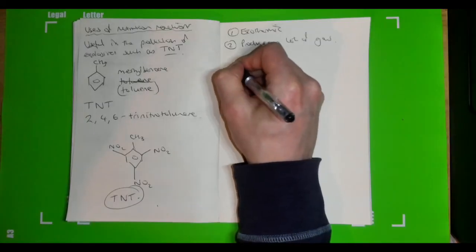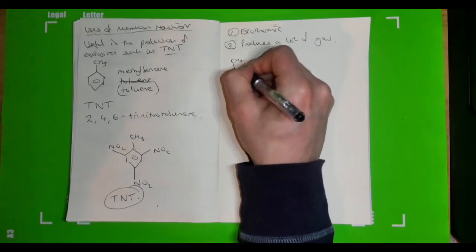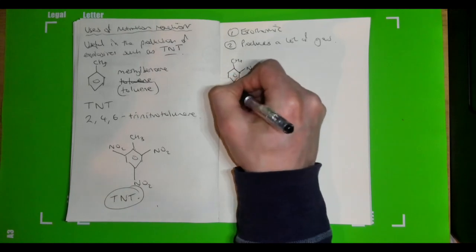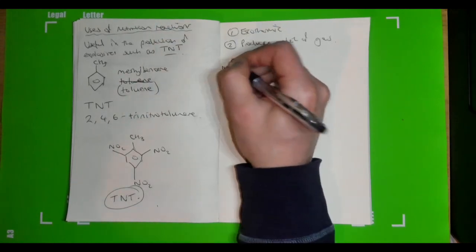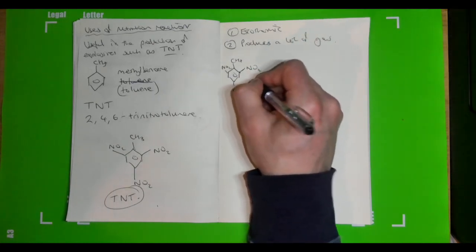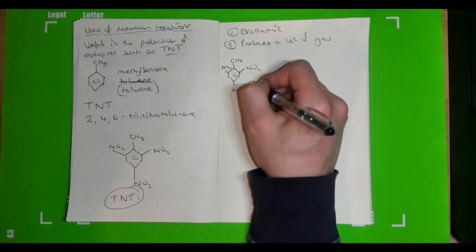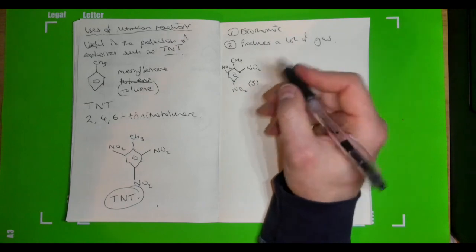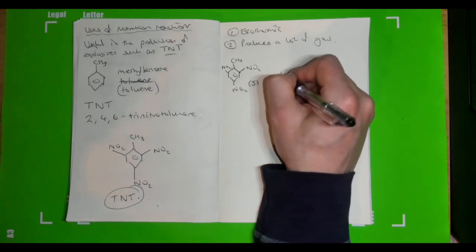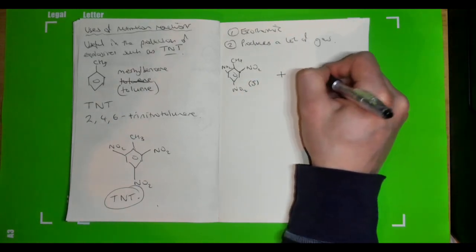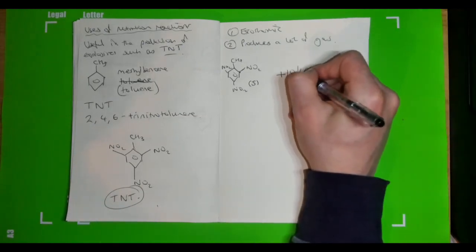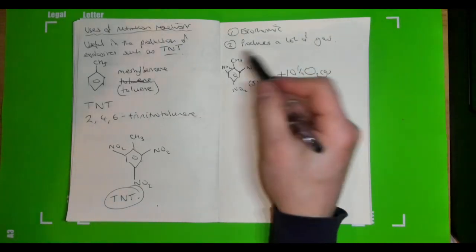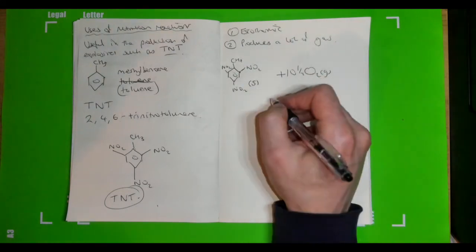So let's have a go at writing down the balanced symbol equation. So we have toluene here with those 3 nitro groups on there to make trinitrotoluene. And that's actually a solid. It's actually a low melting point solid. And if we react that with oxygen, you actually need quite a lot. It's actually 10.5 moles of oxygen for every molecule of TNT you've got.